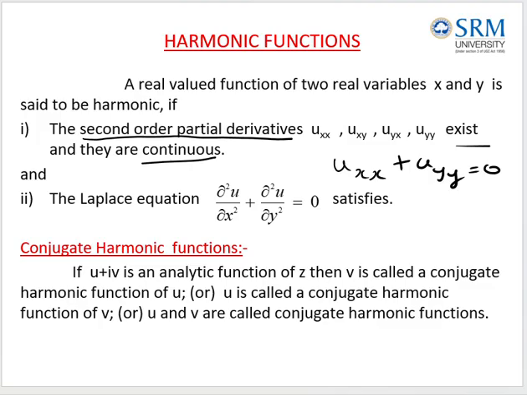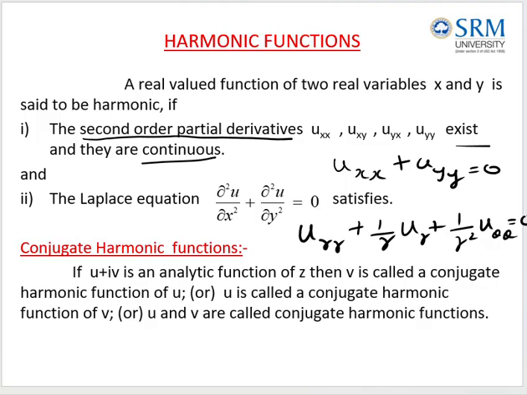So that Laplace equation in polar form is urr plus 1 by r ur plus 1 by r square u theta theta equal to 0. This is the Laplace equation in polar form. So if the function is in polar coordinates, then if the function is supposed to be harmonic, it should satisfy the Laplace equation in polar form.